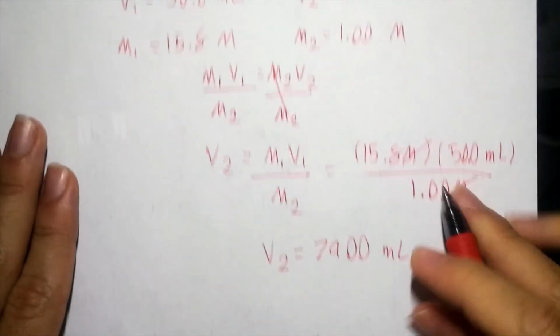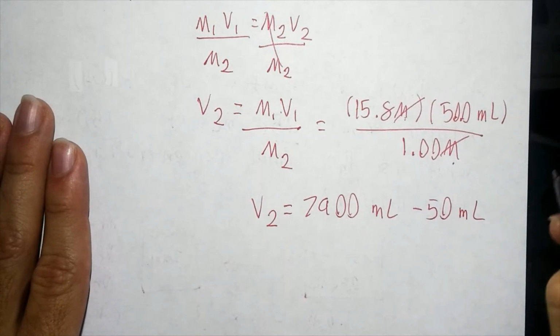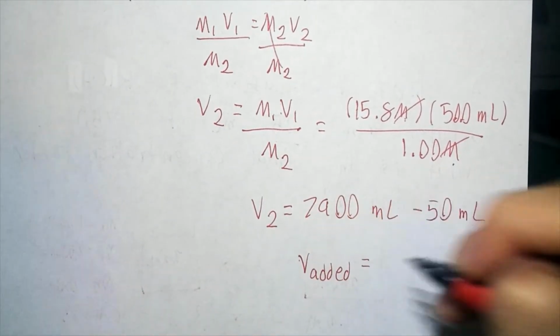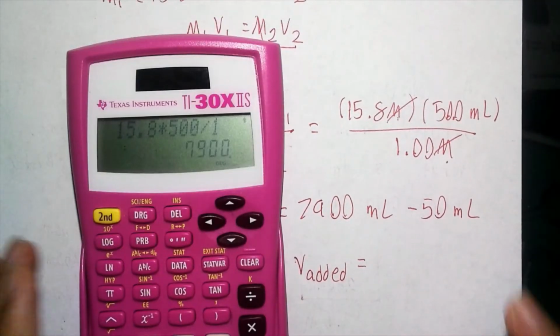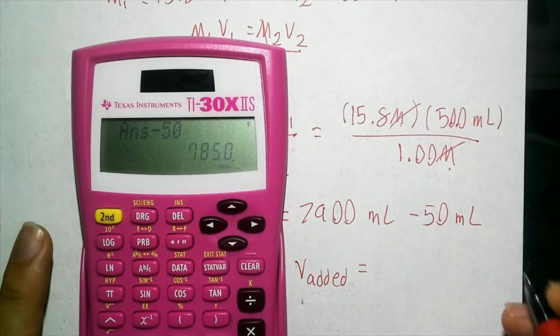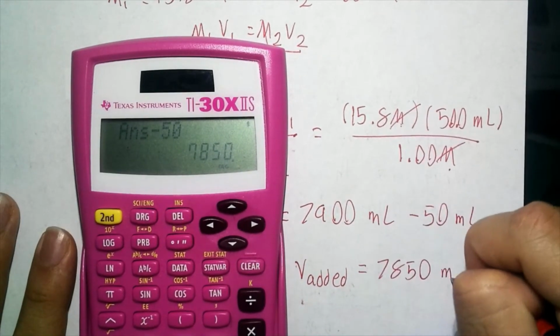So you do 7,900 minus 50 milliliters, and you should get an added volume of, let's see, I can't do arithmetic, so I'll double check, 7,850. Specifically milliliters.